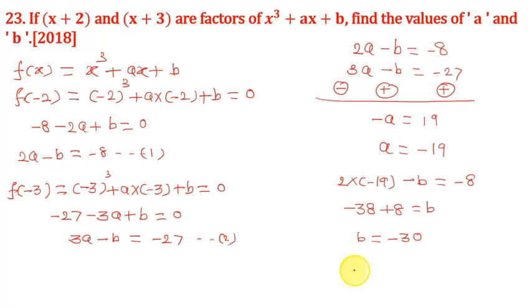This is the value of b, and hence here a is equal to minus 19 and b is equal to minus 30, and this is the answer.